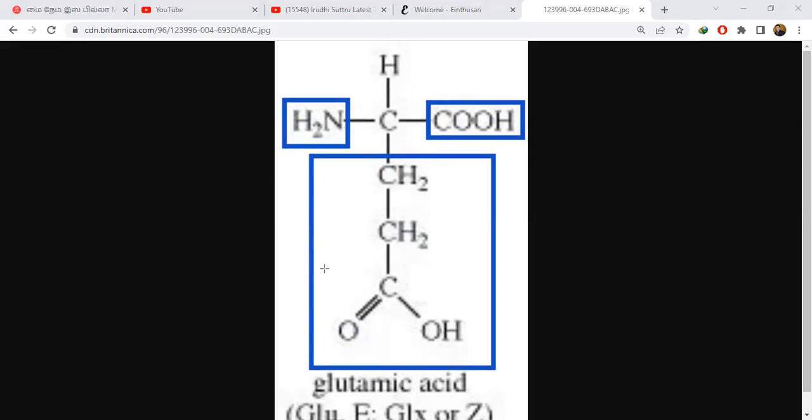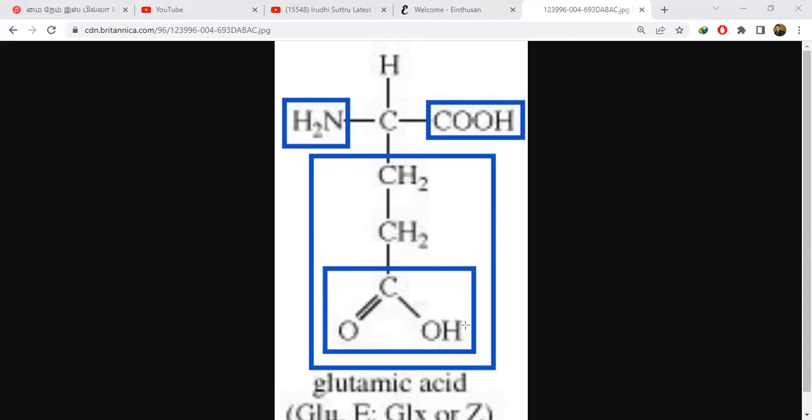In the side chain, can you notice another carboxyl group there? Yes, sir. So if you take glutamic acid, how many carboxyl groups? 2 carboxyl groups and 1 amino group.